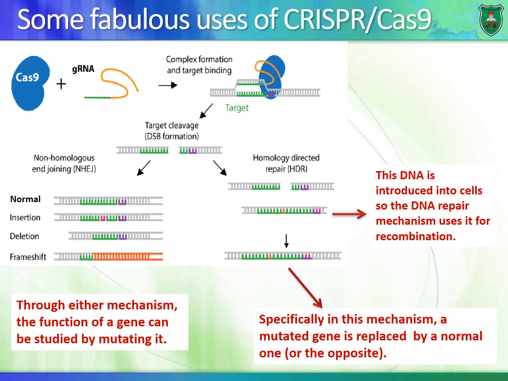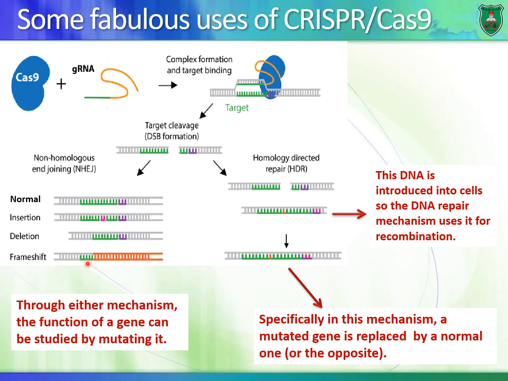So this is how it's done. These are the uses of the CRISPR Cas9. So basically, you can introduce Cas9 and the guide RNA into human cells. The guide RNA takes Cas9 to a certain region in the DNA, and Cas9 cleaves the human DNA. You have activation of the non-homologous end joining, and you can introduce indels, insertions, or deletion of the DNA.